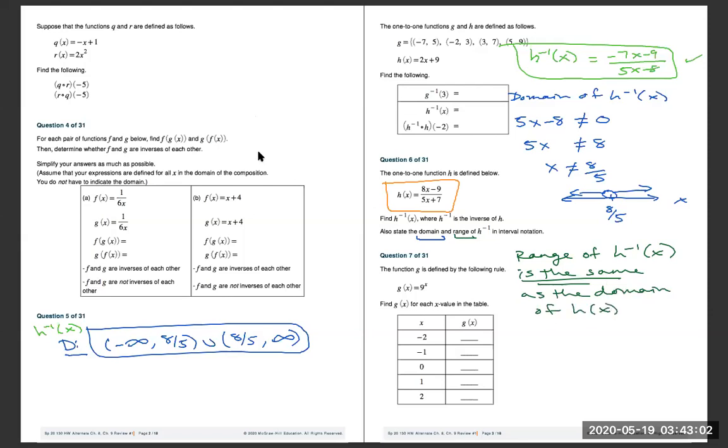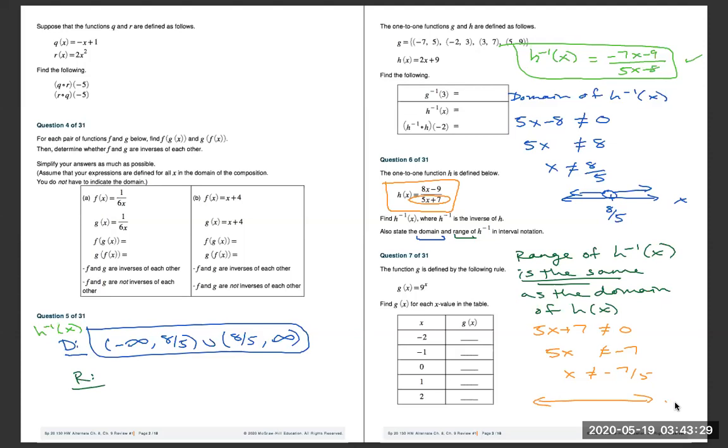So what you're going to want to do to find the range for h inverse, you want to actually look at the denominator from h of x, set that not equal to 0 and solve back for x. 5x cannot equal -7, and x cannot equal -7/5.